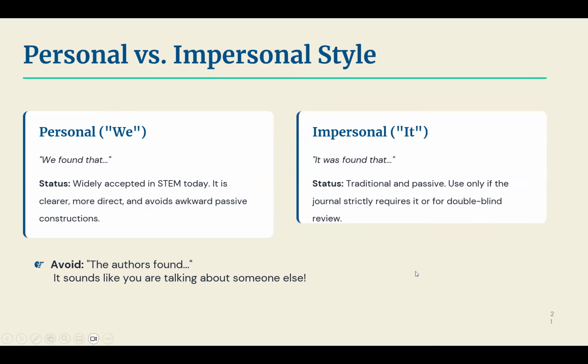So there are 2 typical styles in abstracts, the personal and impersonal. In personal style, the abstract is written as, we did it, I did it, and so on, right?